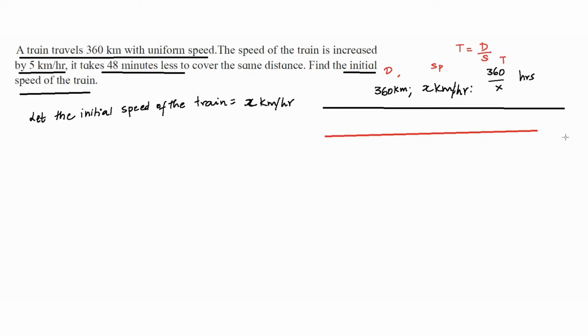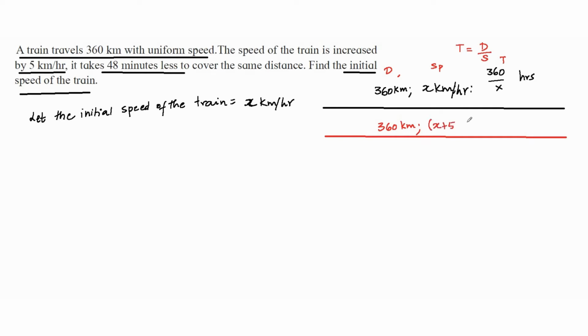They have said that the speed of the train was increased by 5 kilometers per hour, and I am covering the same distance, that is 360 kilometers. The speed initially was x kilometers per hour. Now the speed of the train has increased by 5 kilometers per hour.